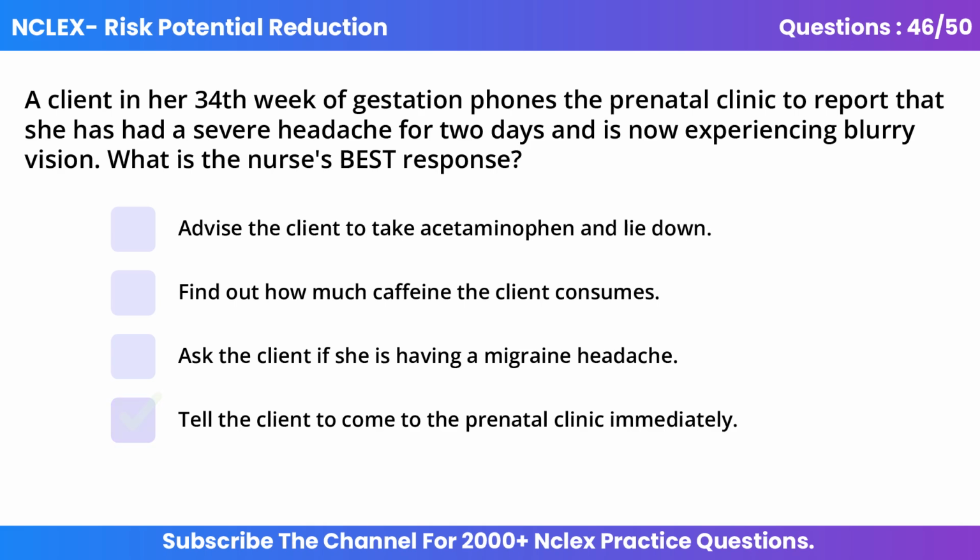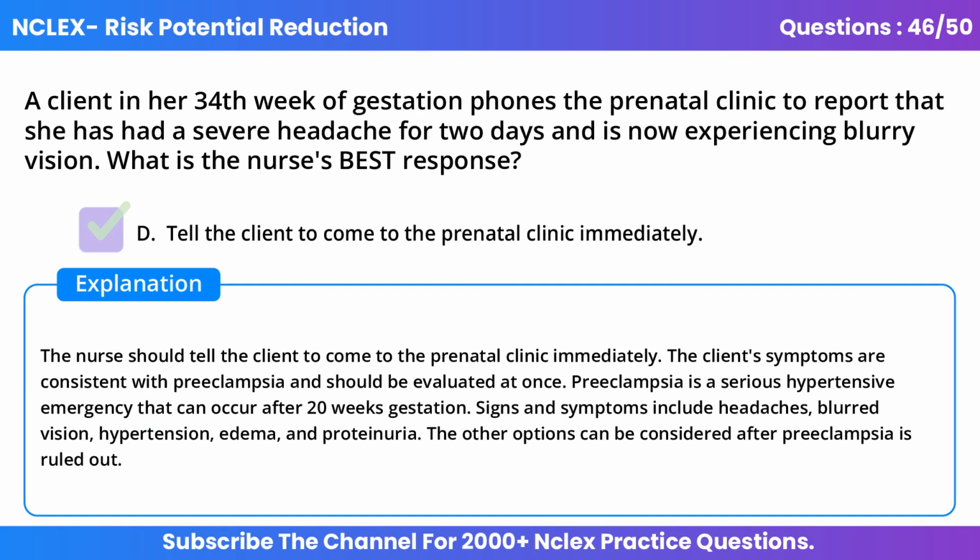D. Tell the client to come to the prenatal clinic immediately. The nurse should tell the client to come to the prenatal clinic immediately. The client's symptoms are consistent with preeclampsia and should be evaluated at once.